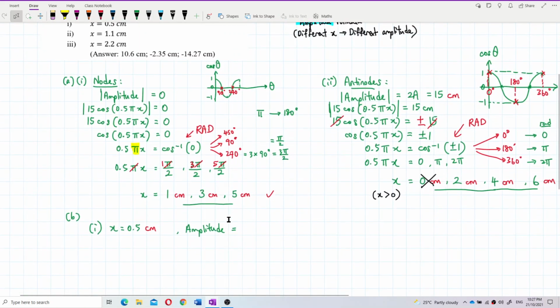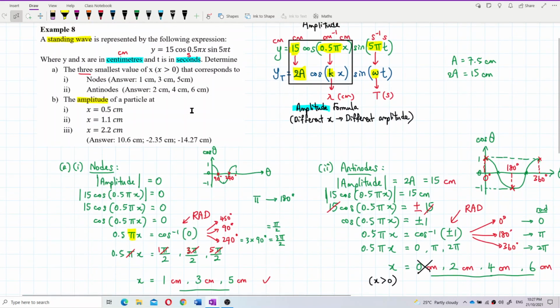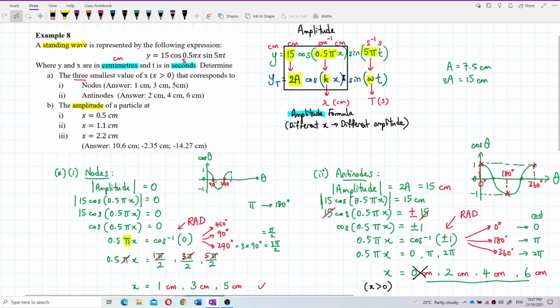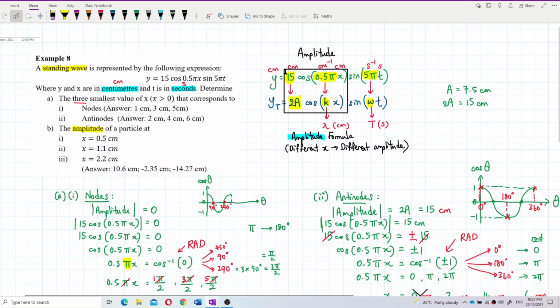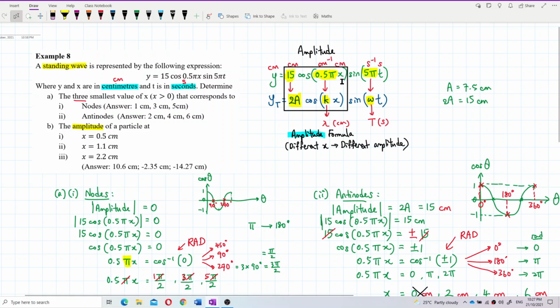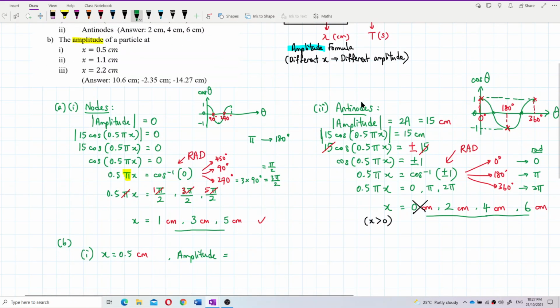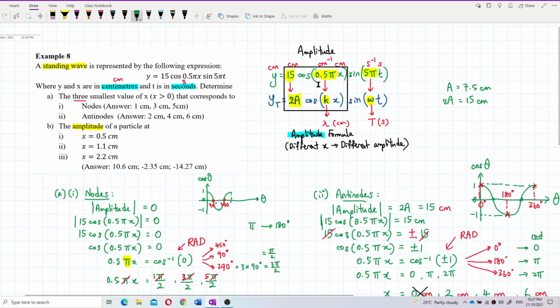So the amplitude is 2A cos kx, or we can say 15 cosine 0.5 pi x. Write that down: 15 cosine 0.5 pi x.